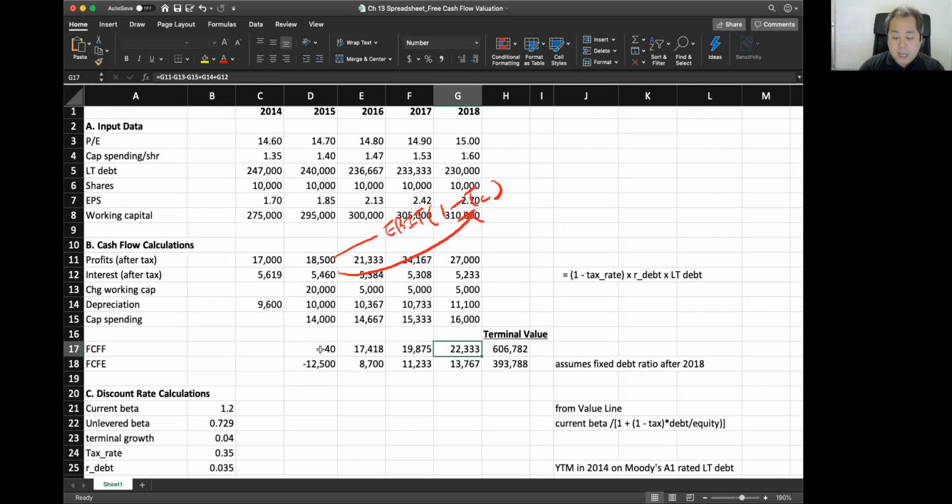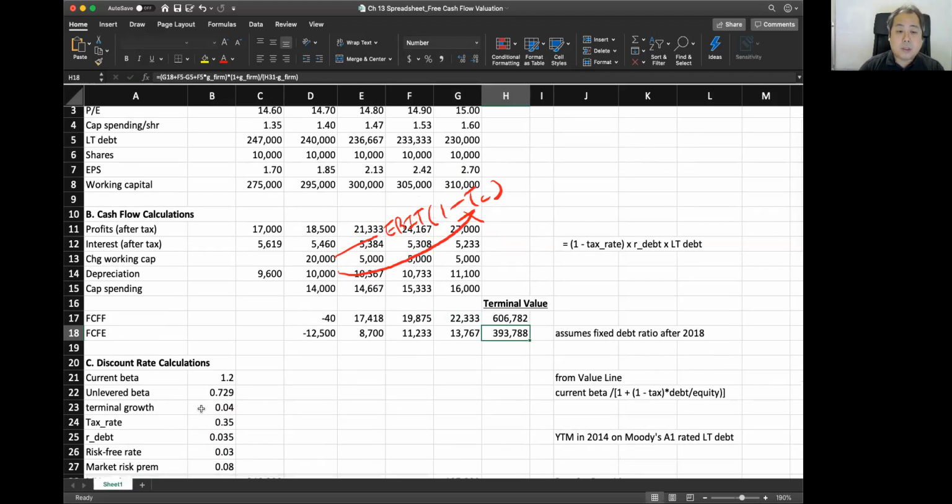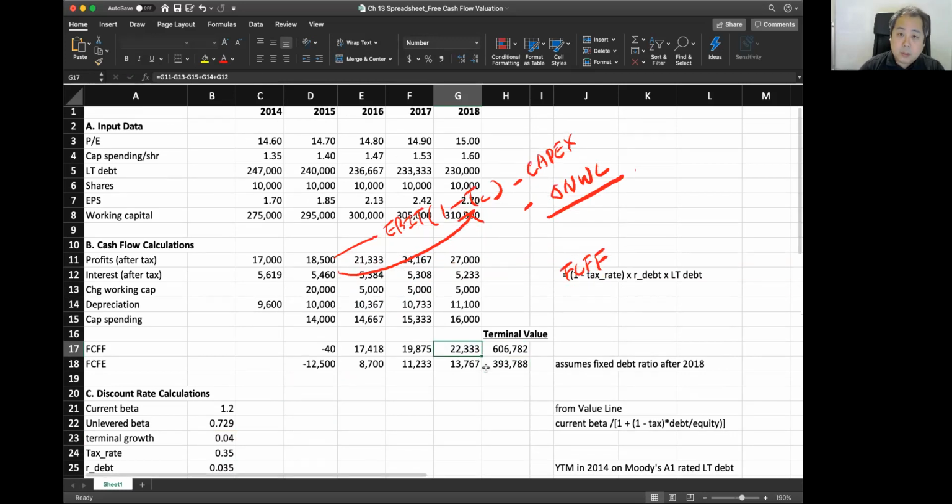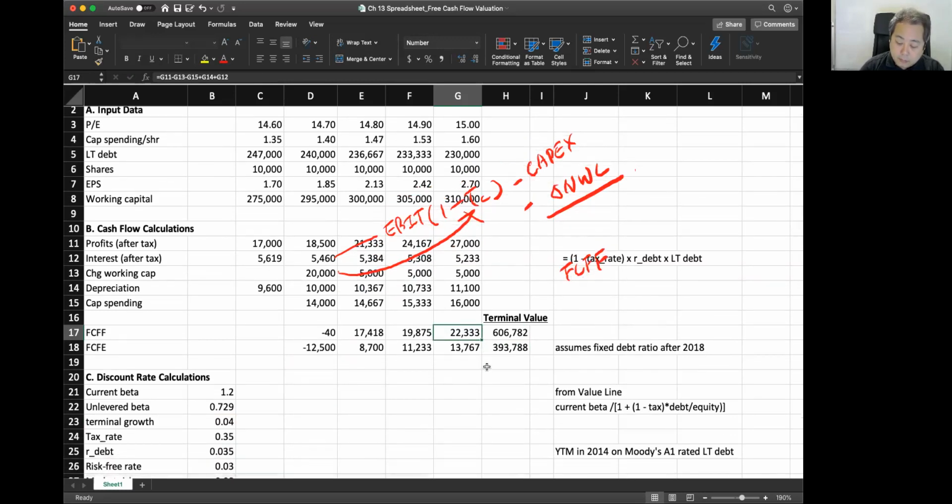So if you estimate this, now we have terminal value. Now we have discount rate for calculation. There is a terminal growth rate. We estimate this is 4%. So terminal value will be, now this is free cash flow, right? So free cash flow for the firm next year, which is 2019, divided by WACC minus growth rate.